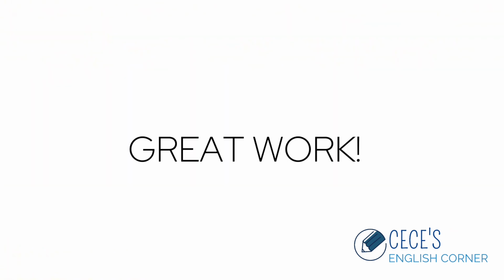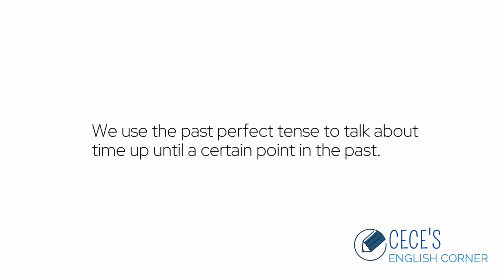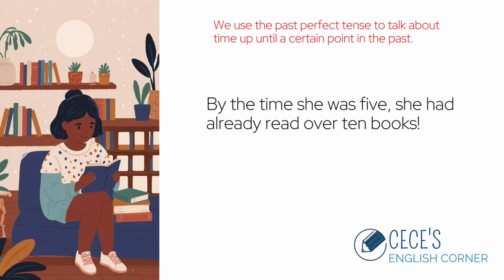If you're still following after all these examples, great work. Let's move on. We can also use the past perfect tense to talk about time up to a certain point in the past. By the time she was 5, she had read over 10 books. In this example, we're talking about time up until she was 5 years old.